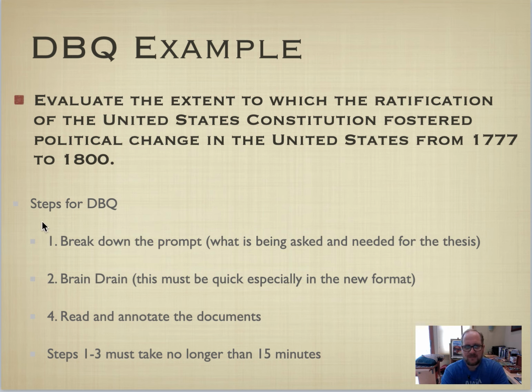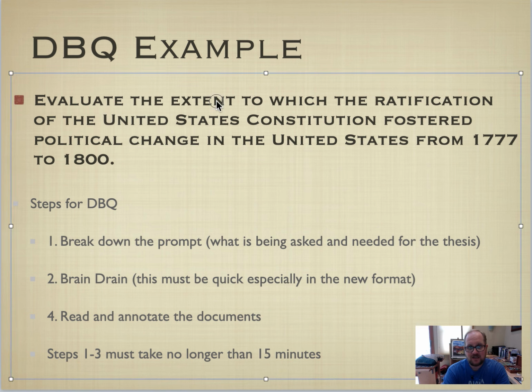But remember the steps for the DBQ, especially for the 2020 DBQ. First thing you do is break down the problem. What is being asked of you? Remember extent, right? That word right there is how much. So you need to have a thesis that shows how much political change happened. Was it very little or a whole bunch? We want to see a biased response here, okay?